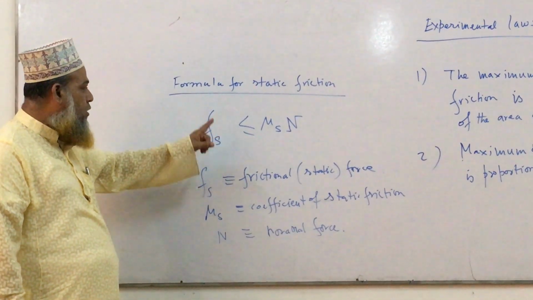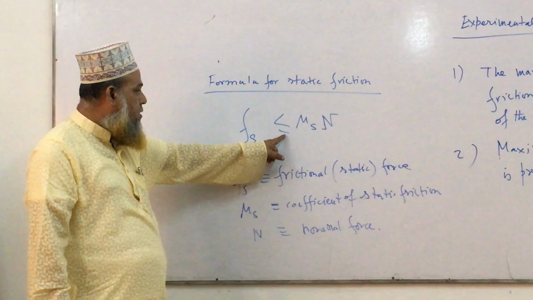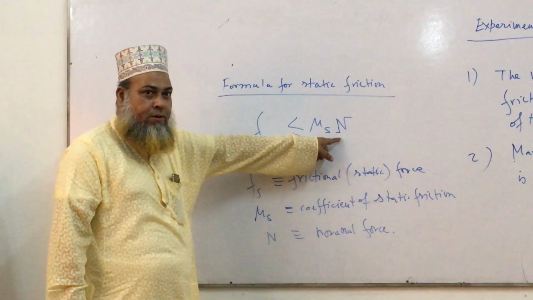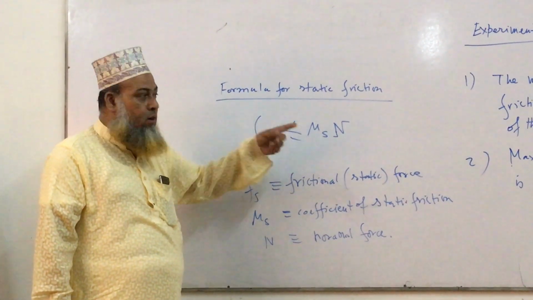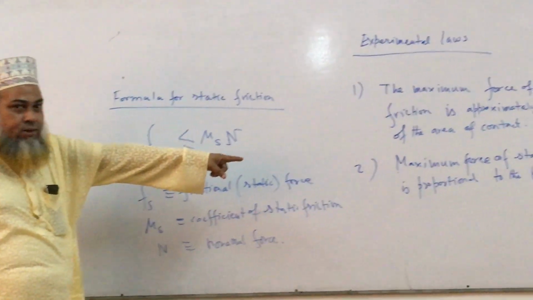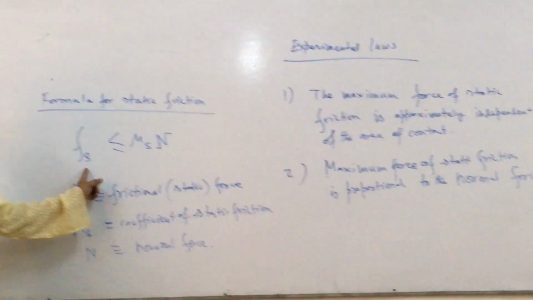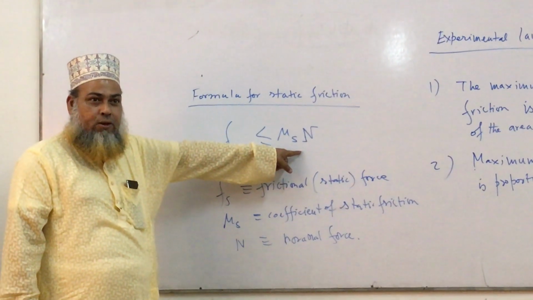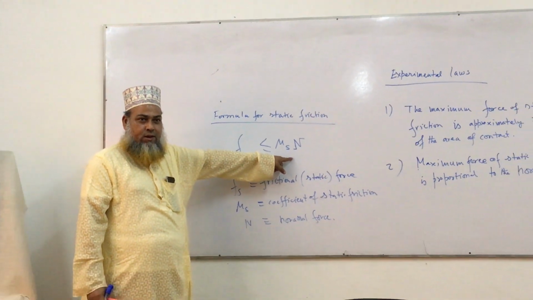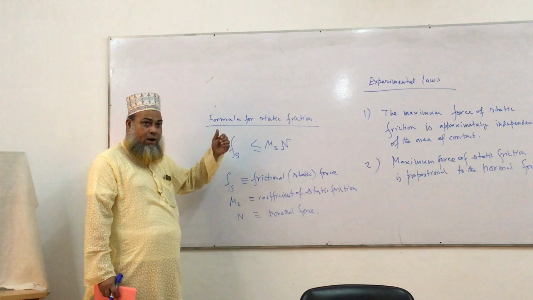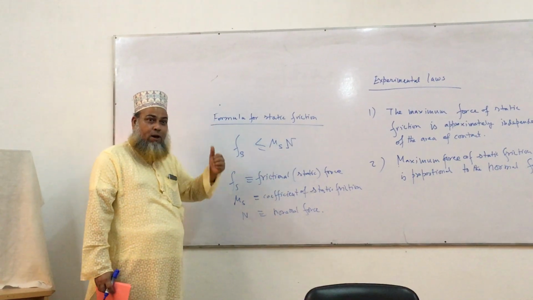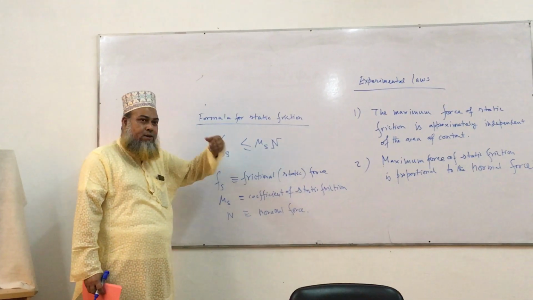In that case, what do you have? Fs equals mu s n. You see what? The second law: maximum of frictional force is proportional to normal force. And whenever Fs is not maximum, mu s n is greater.